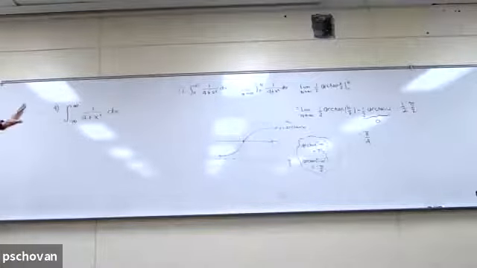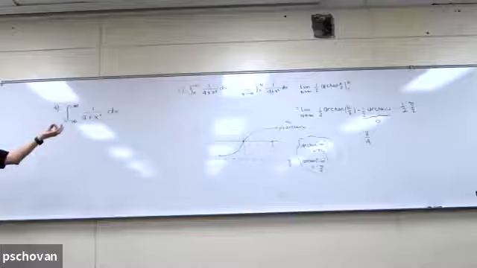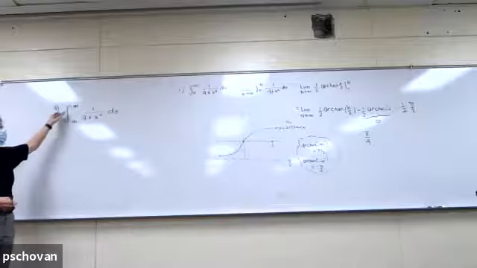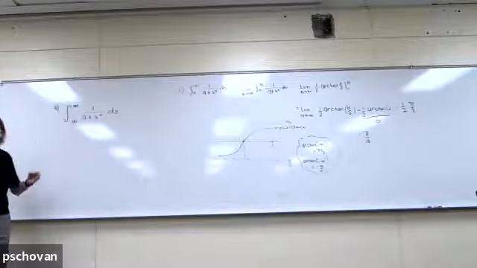In order to be able to do these limits, we've got to break up the number line somewhere in between and then write this as two integrals. So I think the logical place is to integrate from minus infinity to 0 and 0 to infinity.